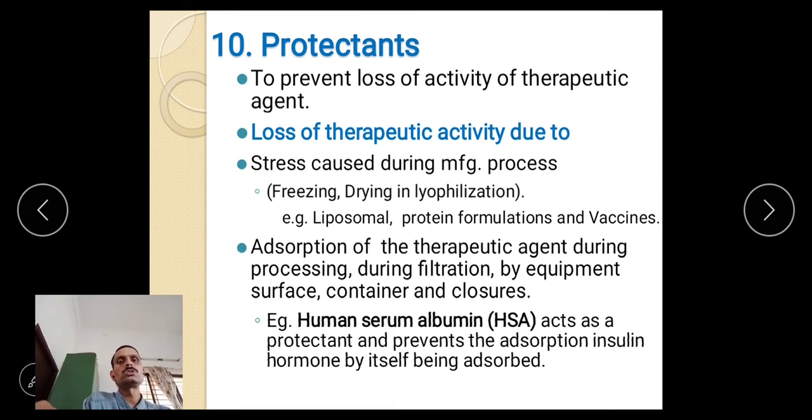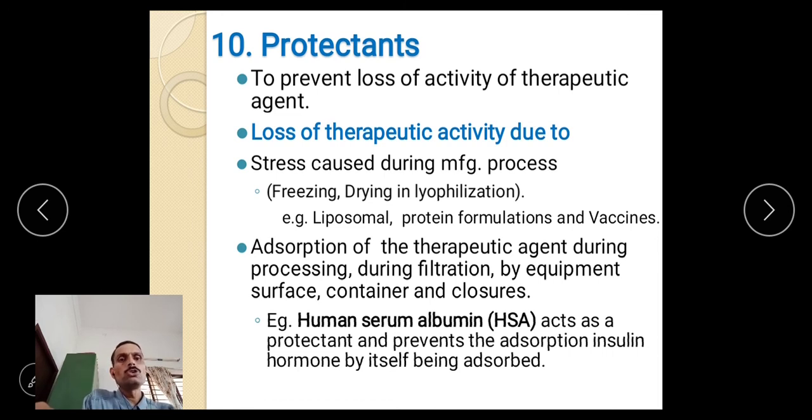So, degradation, and adsorption of the therapeutic agent during the processing, during filtration, by equipment surfaces or container enclosures. If adsorption is there, the entire drug won't go into the solution. So we have to prevent that by using protecting agents.